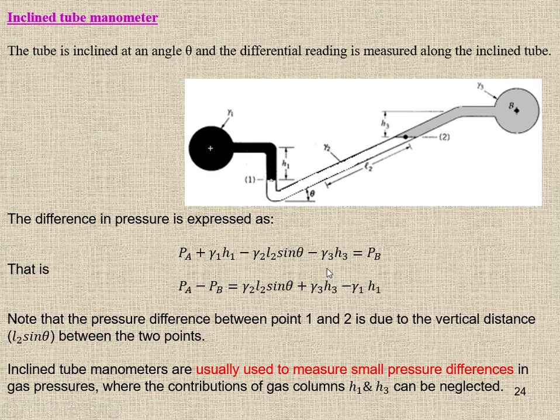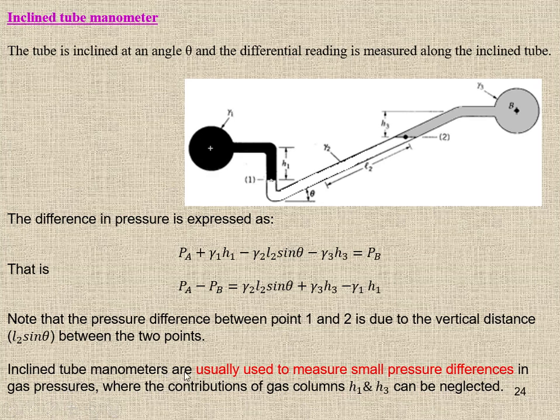So gamma 3 H3 is equal to PB, and then PA minus PB is the pressure difference between the two containers. Note that the pressure difference between point 1 and point 2 is due to the vertical distance. So this is the vertical distance we considered between the 2 points.